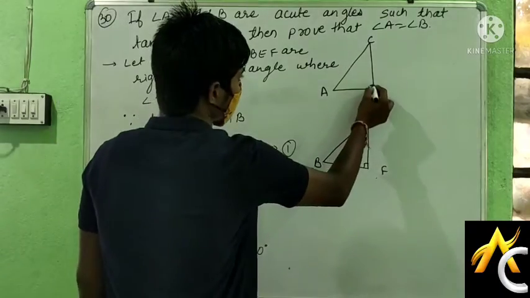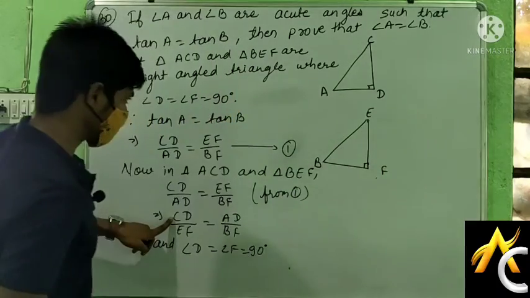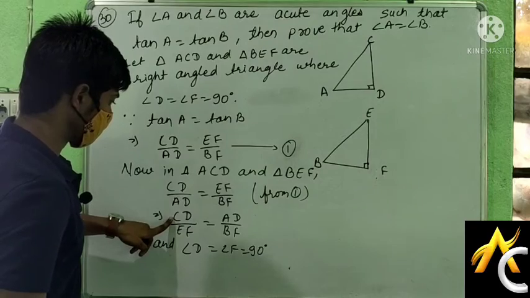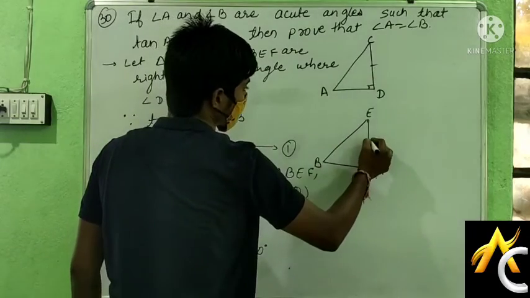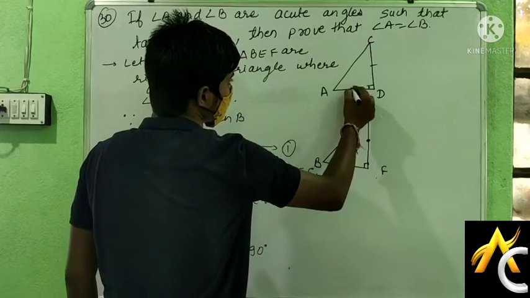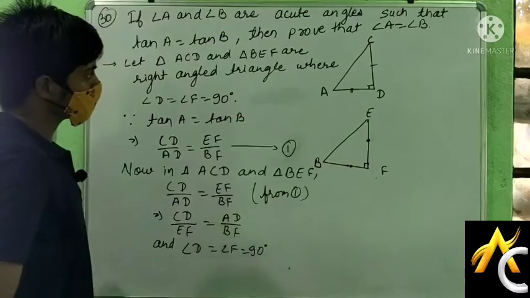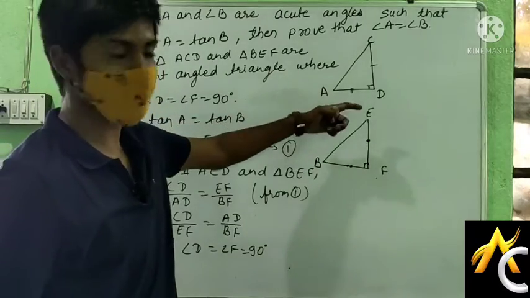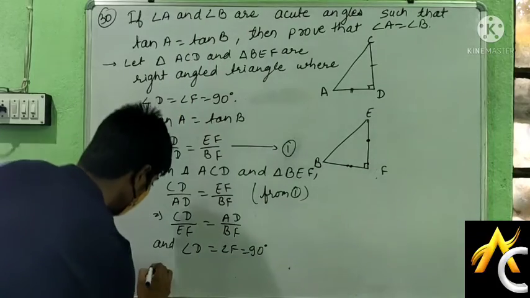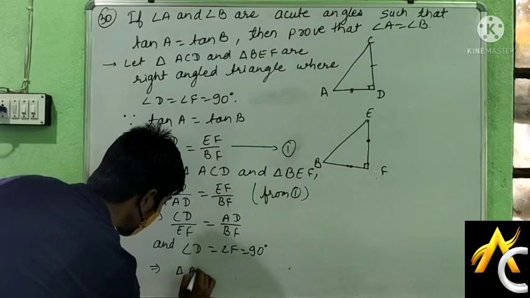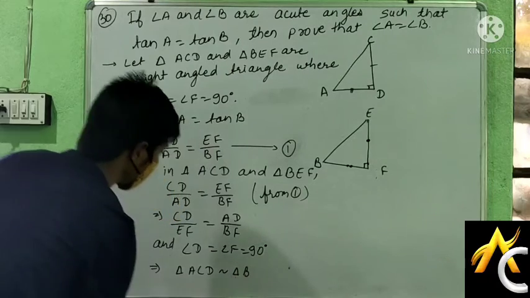Now this angle is equal to this angle, and CD by EF is equal to AD by BF, means this side by this side is equal to this side by this side, right? So these triangles are similar by which criteria? Side angle side criteria. That implies triangle ACD is similar to triangle B.